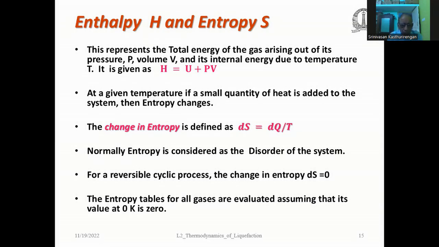The change in the entropy, if heat is added to your system, is ds equal to dq by T. For a reversible cyclic process, the entropy change is zero, or in other words, ds is equal to zero. To get an idea of the entropy, tables are prepared, and in these tables the entropy value is assumed to be zero at 0 Kelvin.